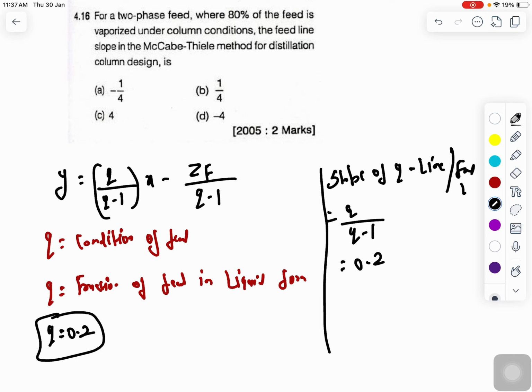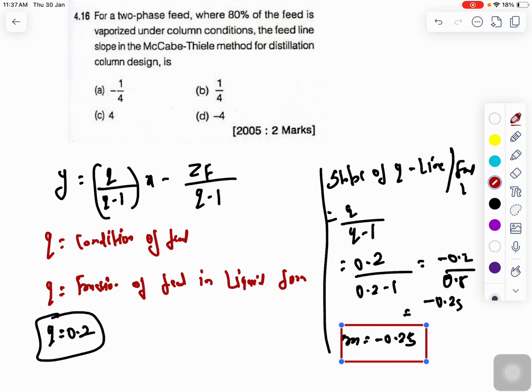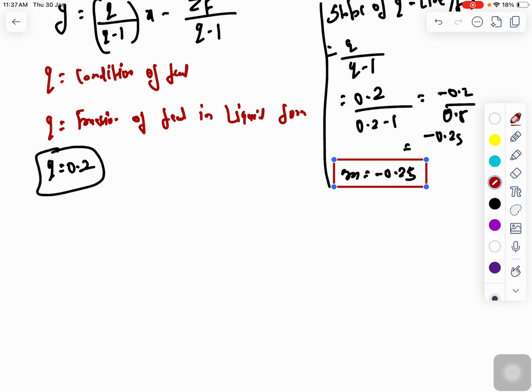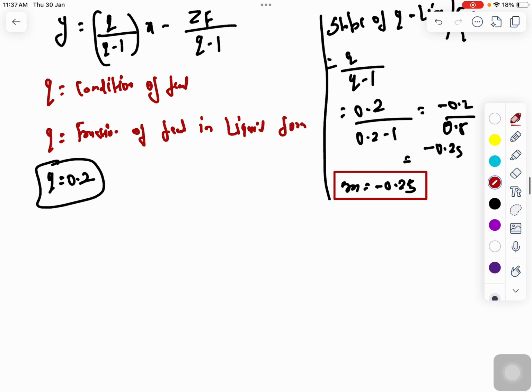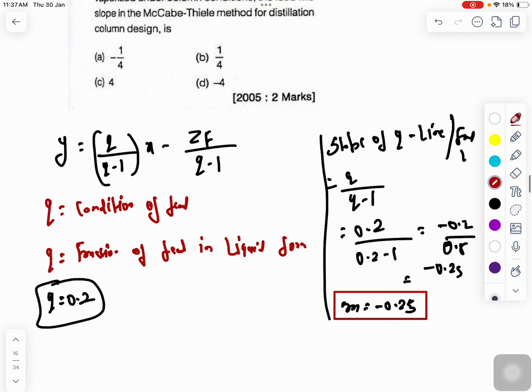So if you substitute, 0.2 divided by 0.2 minus 1, that is minus 0.2 divided by 0.8, which is equal to minus 0.25. So the slope is equal to minus 0.25. Is that clear? Okay, so with that we got the answer, that is minus 0.25.